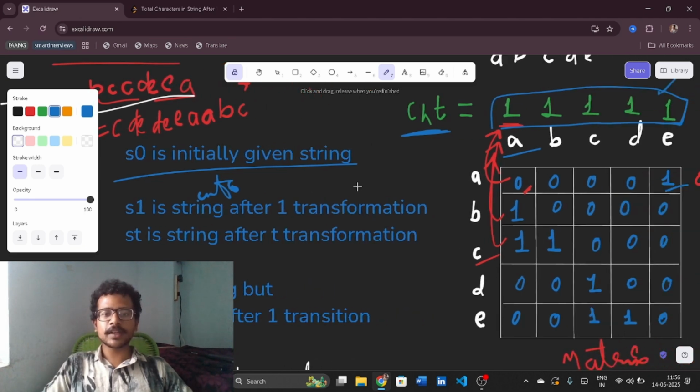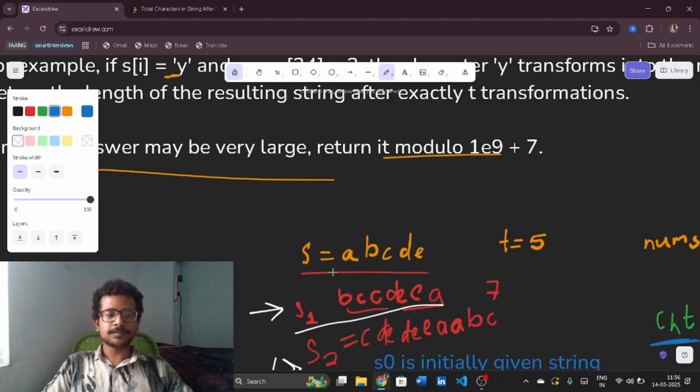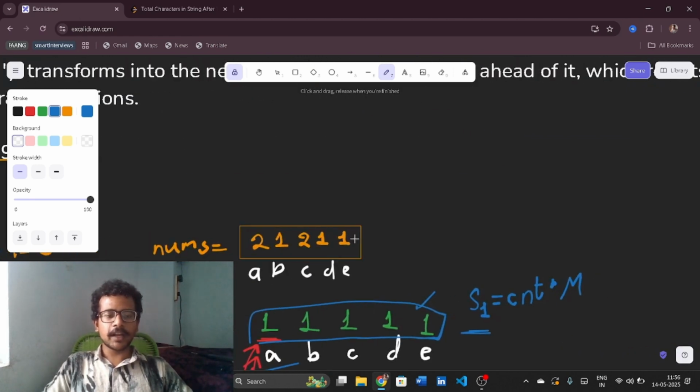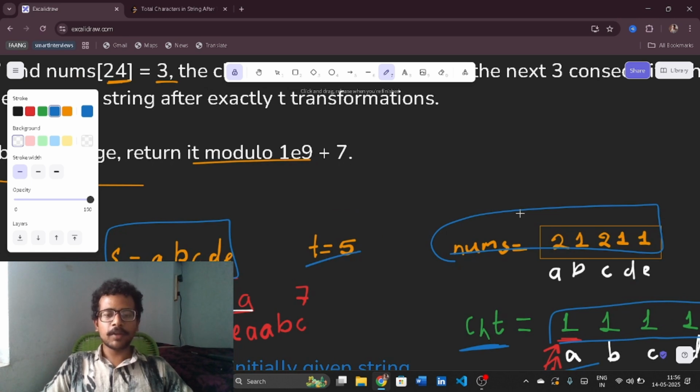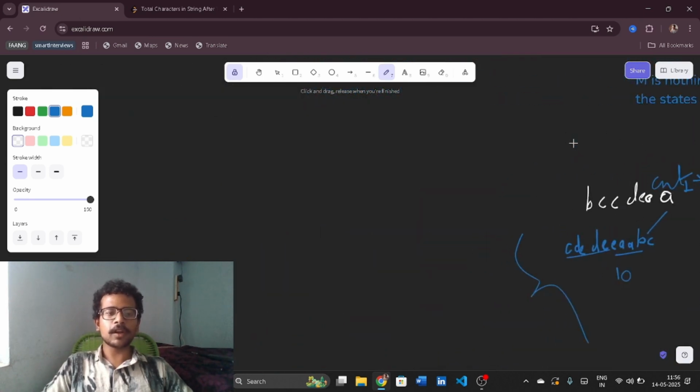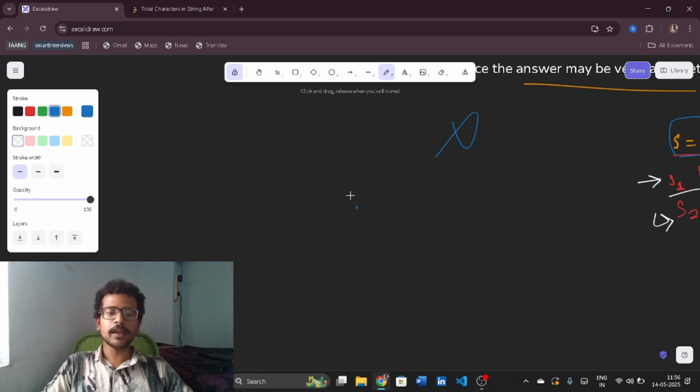From nums I have created a matrix, and from S I have created a count of 0, and from the matrix m power t. Now, the next question is m power t. You can't do it by a for loop again and again. This will give you time limit exceeded.